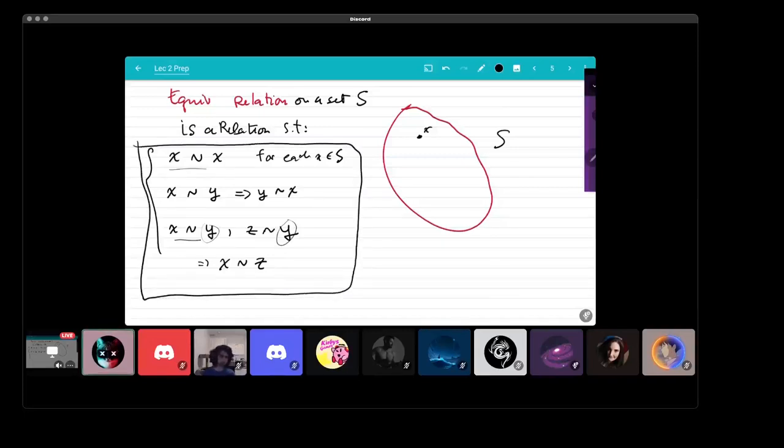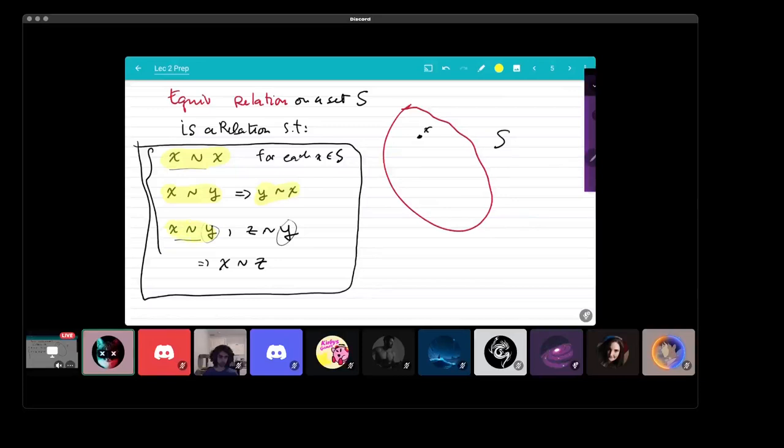So I think similarity is a good thing to imagine, to get some ideas about what an equivalence relation is. So in some way it's like if all x is similar to itself, if x is similar to y, then y is similar to x.